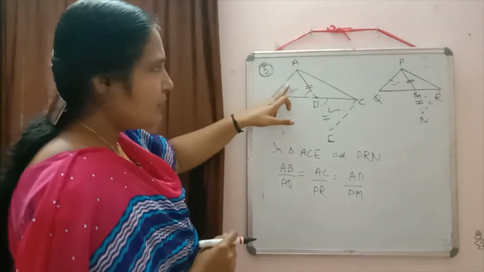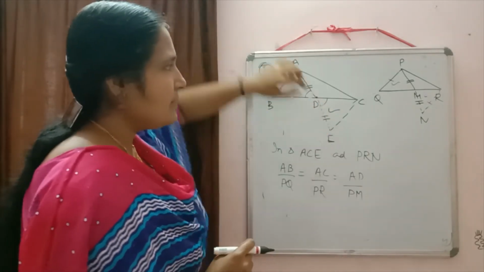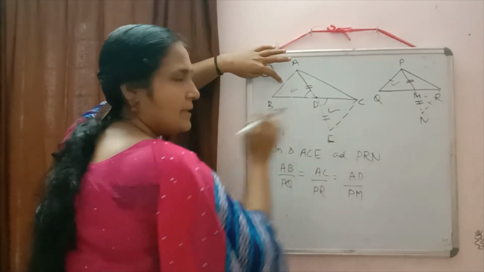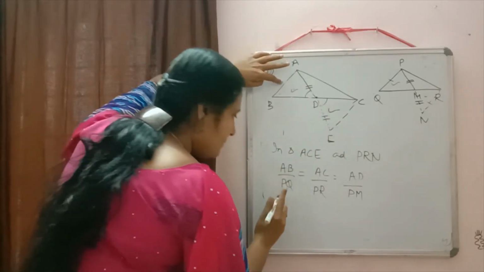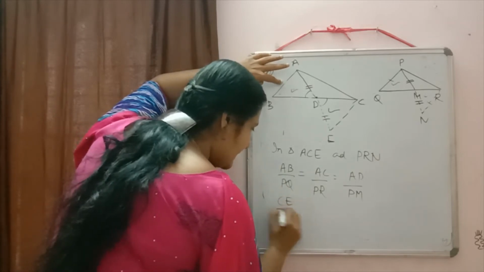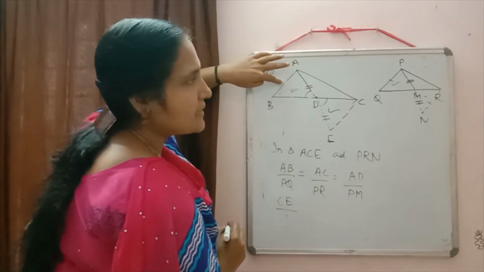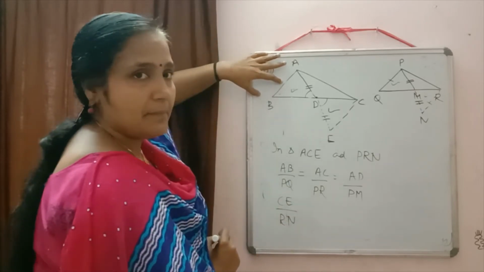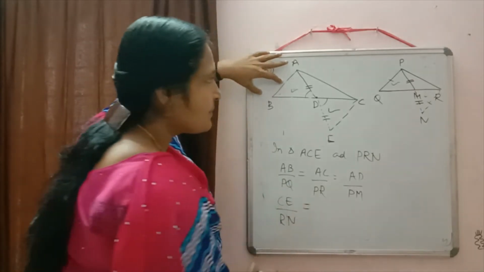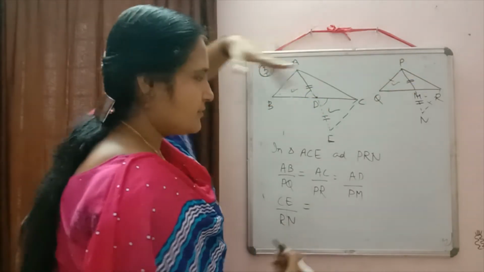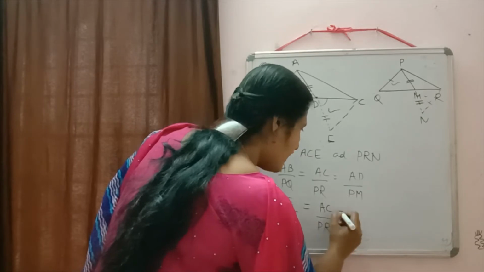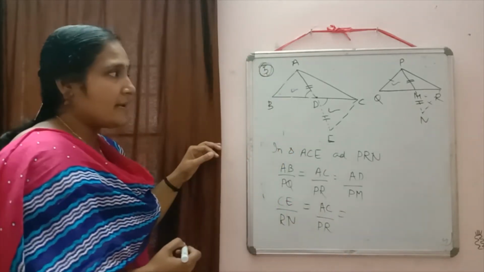Okay. So we proved these two triangles are congruent. So according to that, AB is equal to which side? AB is equal to CE. So in place of AB, I am going to write CE. And PQ is equal to RN. So we'll write there CE by RN is equal to AC, we need in this triangle. So don't change there, just write down AC by PR. Then AD, how can we rewrite?